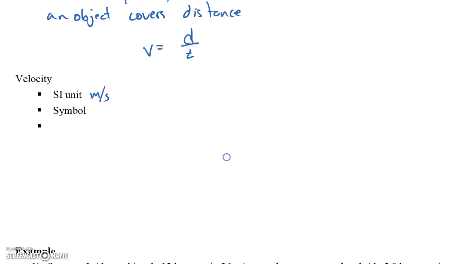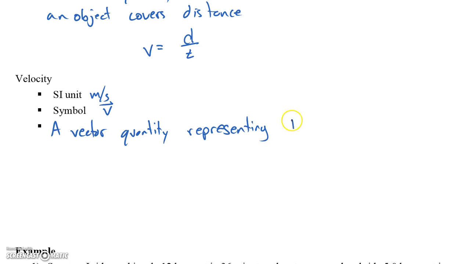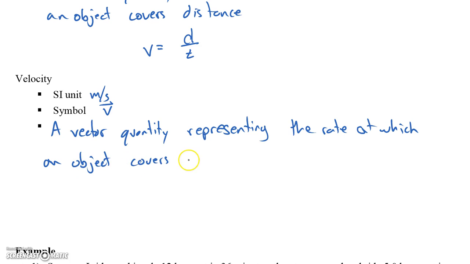Let's talk about velocity. So velocity, symbol, lowercase v, as you might have guessed, it is a vector, so it gets a vector arrow, and it is a vector quantity representing the rate at which an object covers its displacement.